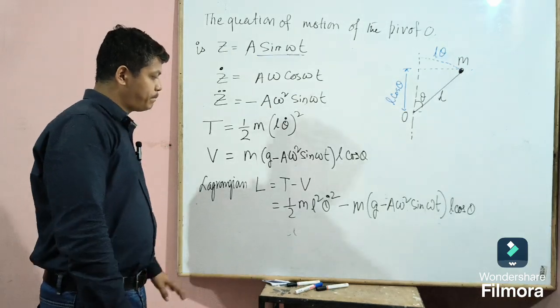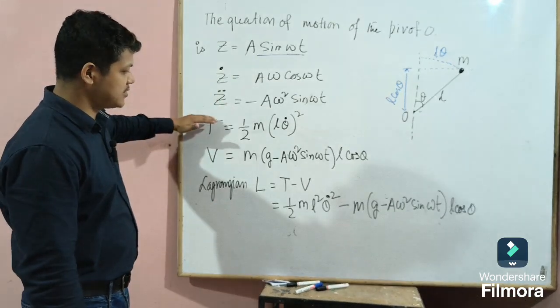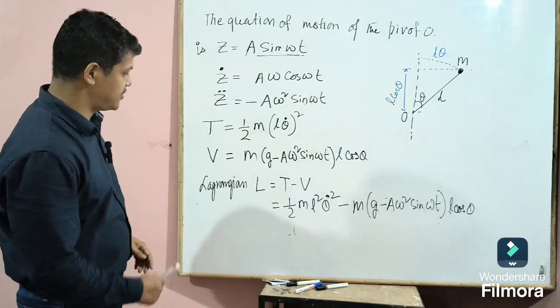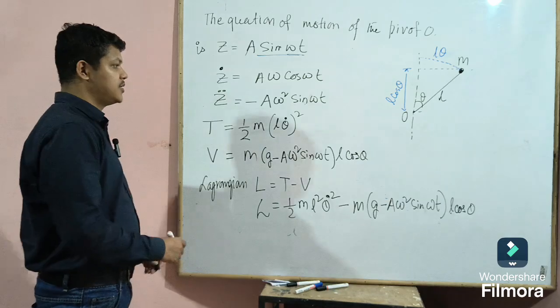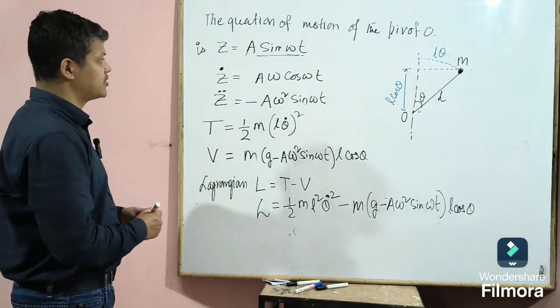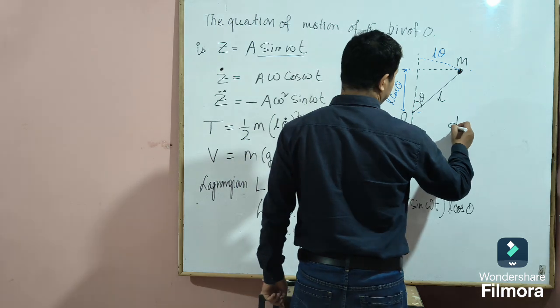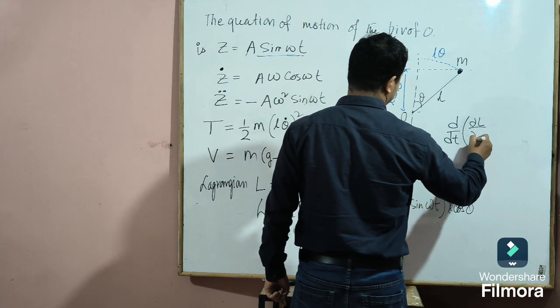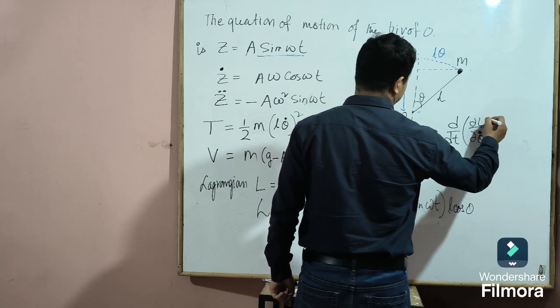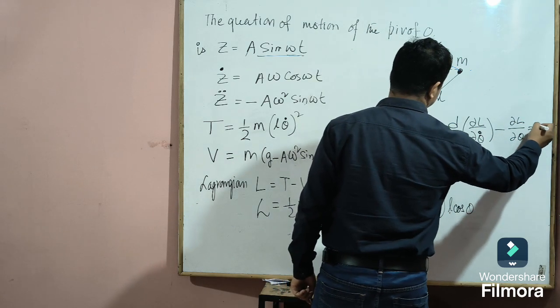Here you see what we are going to do. Let me clean this part. So this is the Lagrangian we have got, right? And from here we're gonna use the Euler-Lagrange equation. That is the time derivative of del L by del theta dot minus del L by del theta is equal to 0.